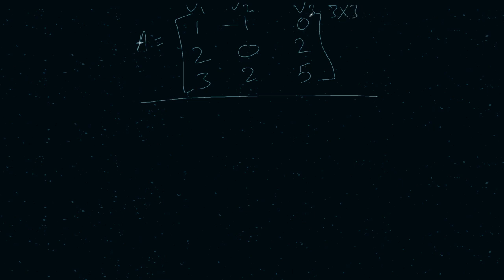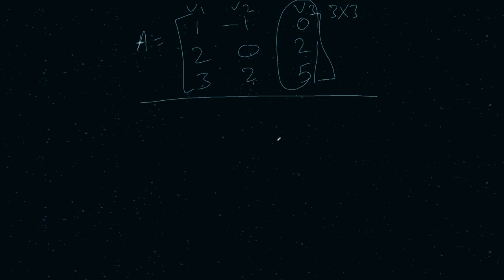So does this vector add a new space for this basis, or basis vectors, or not? Actually not. You can see here vector v3 is just the addition of those two vectors: 1 minus 1 is 0, 2 plus 0 is 2, 3 plus 2 is 5.